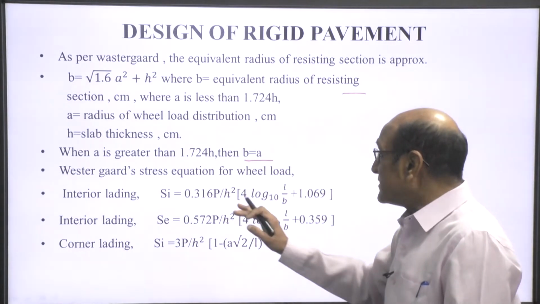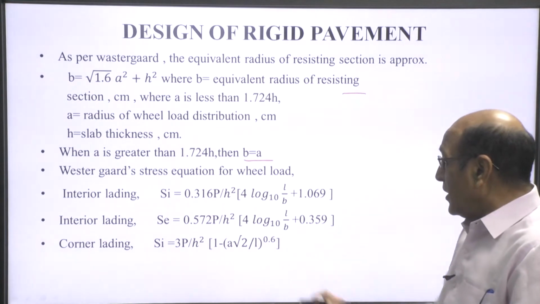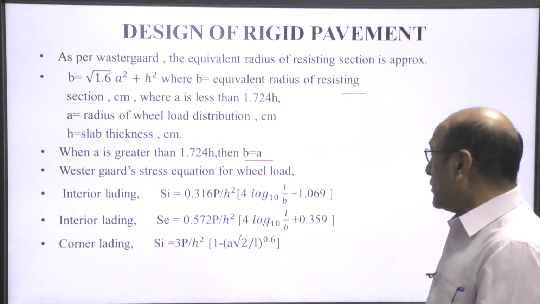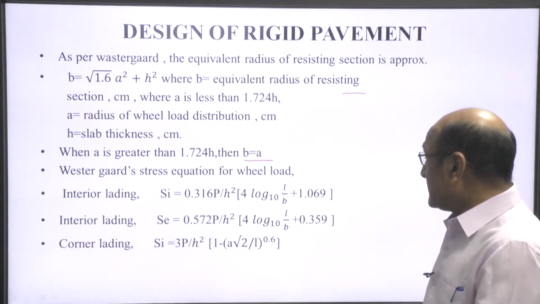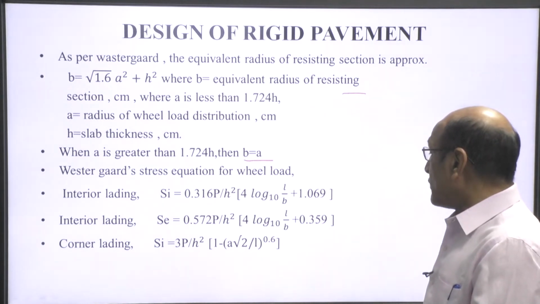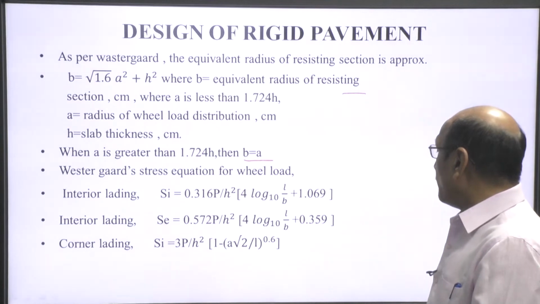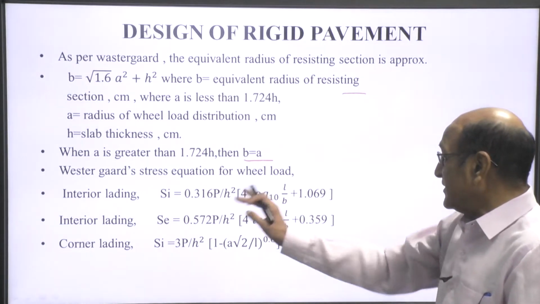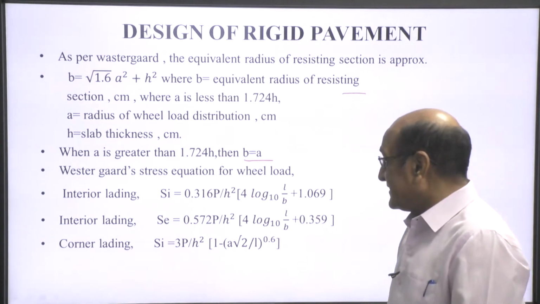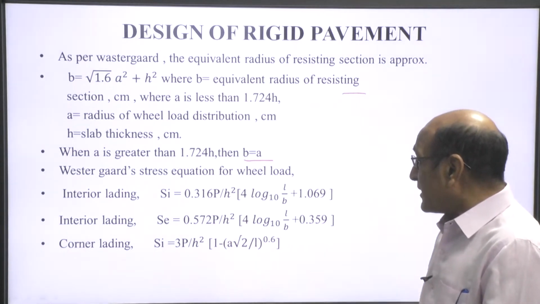So, Westergaard's stress equation for the wheel load, interior loading, Si will be equal to 0.316 P divided by h square into 4 log base 10 l by b plus 1.069. So, this is for the interior stress.